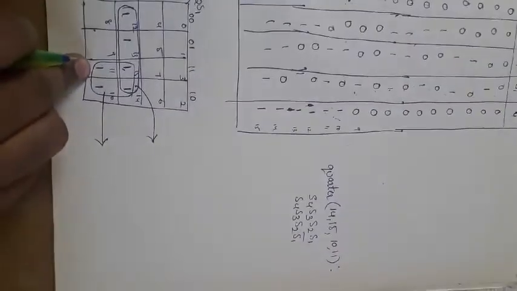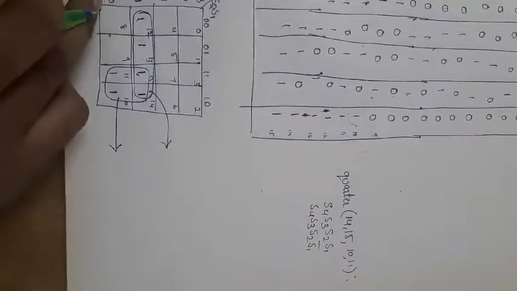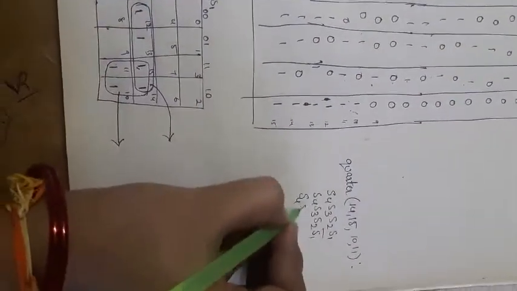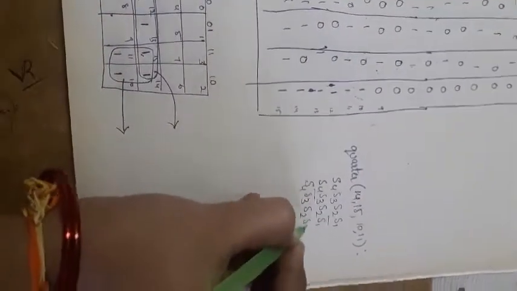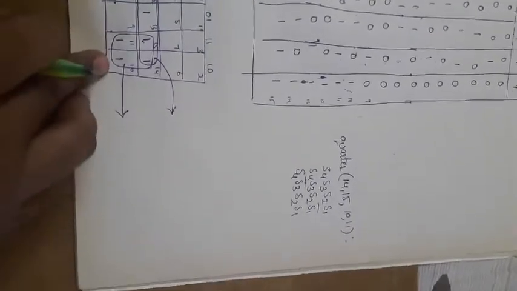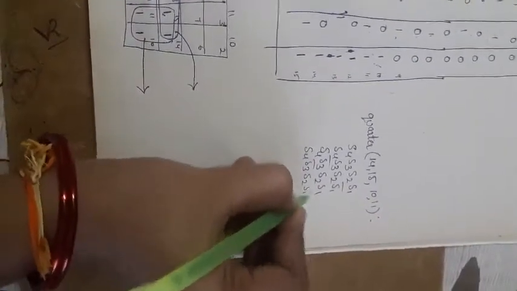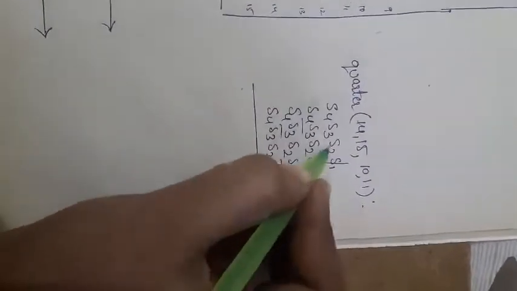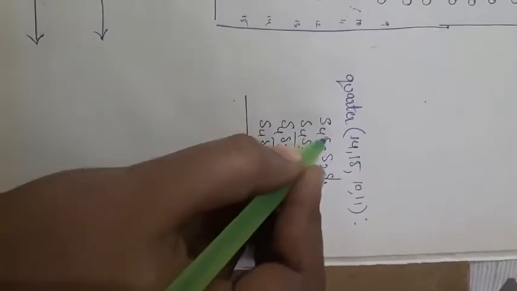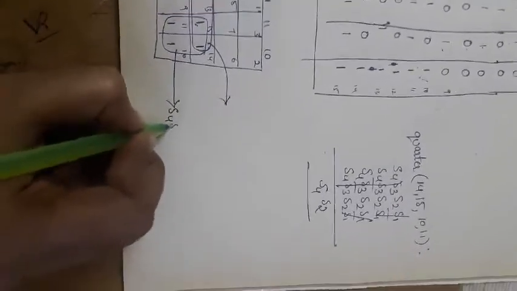Now the 11 cell, that is 1011: S4, S3 complement, S2, S1, and next 1010: S4, S3 complement, S2, S1 complement. Now simplify: S1 and S1 complement cancel, S2 is normal, and S3 and S3 complement cancel, so we get S4. This expression is S4 S2.